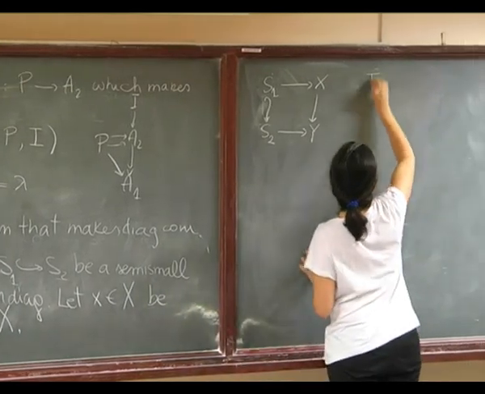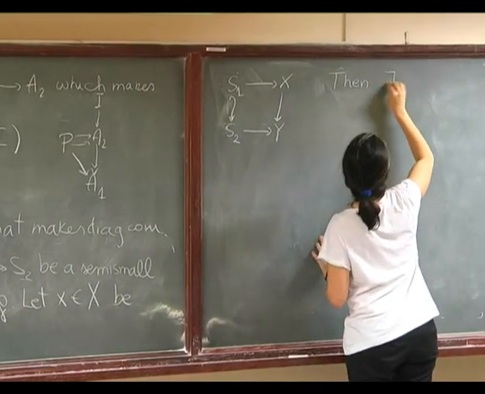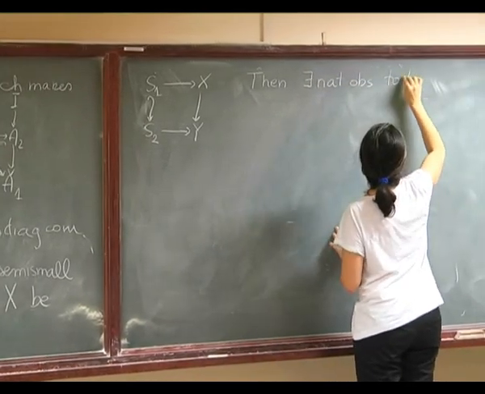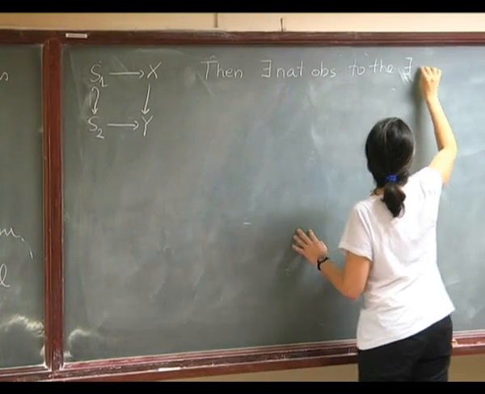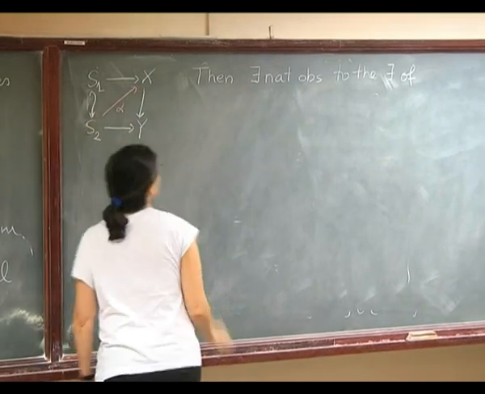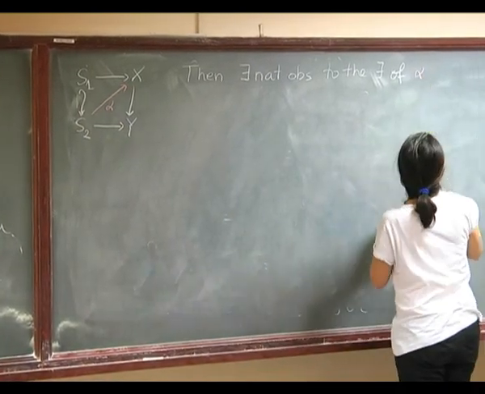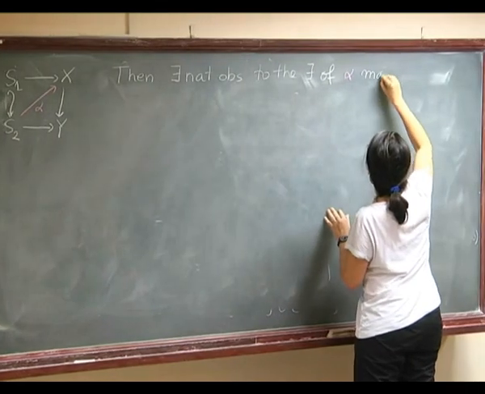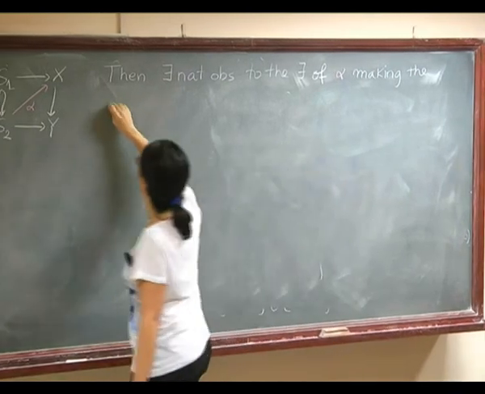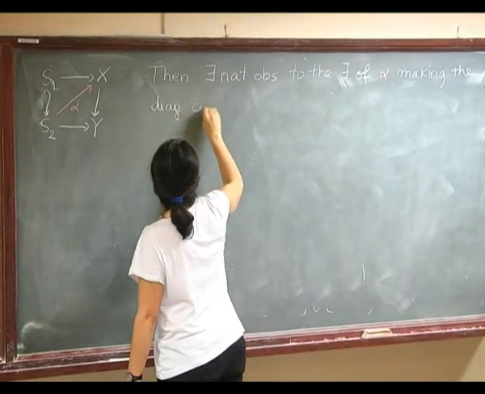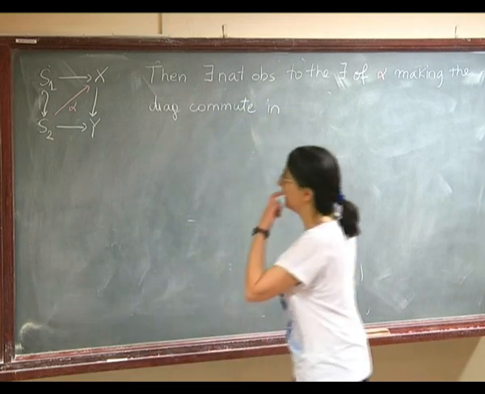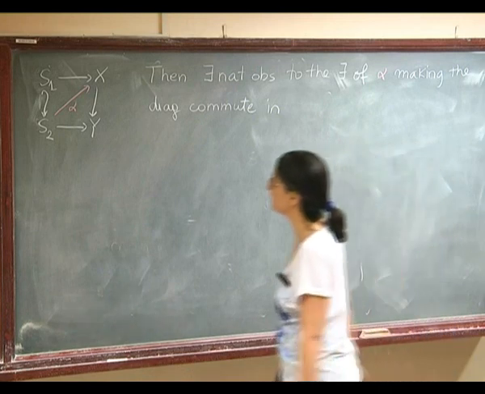Then there exists a natural obstruction to the existence of an alpha making the diagram commute, and I have to tell you into what.